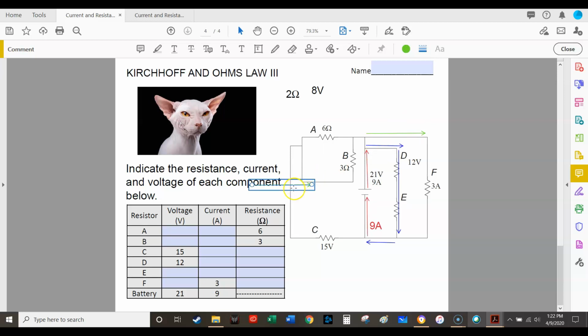And that means the green current is going to end up joining up with the blue current over here at the bottom, and then coming back into here. And that green current is going to head across the F, the little F guy here. Okay, and I'll just put that right here.